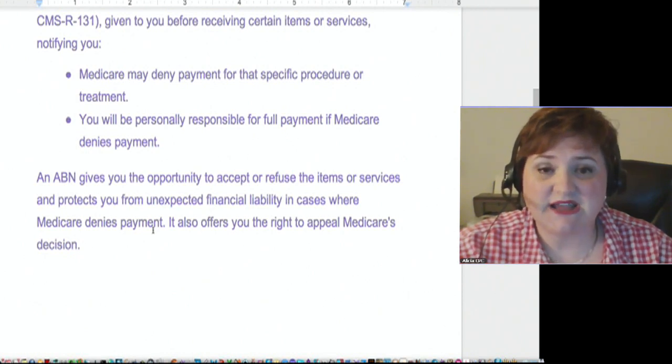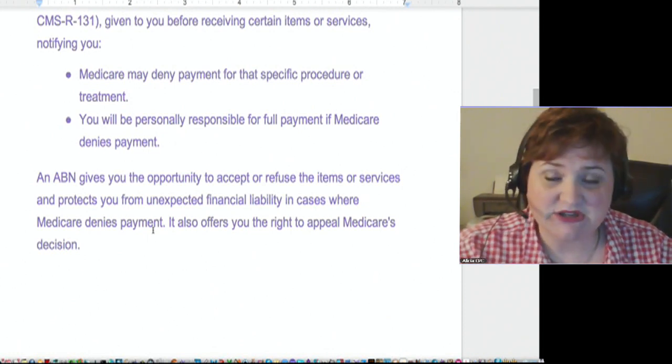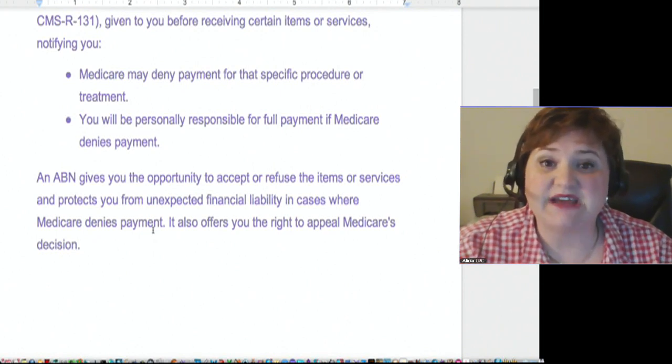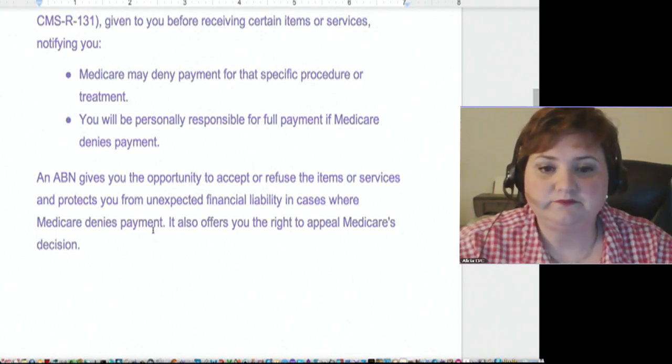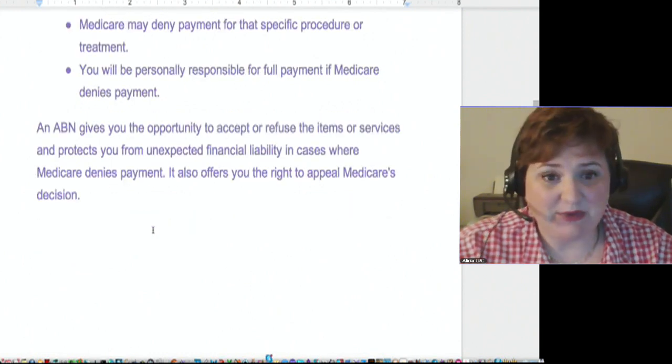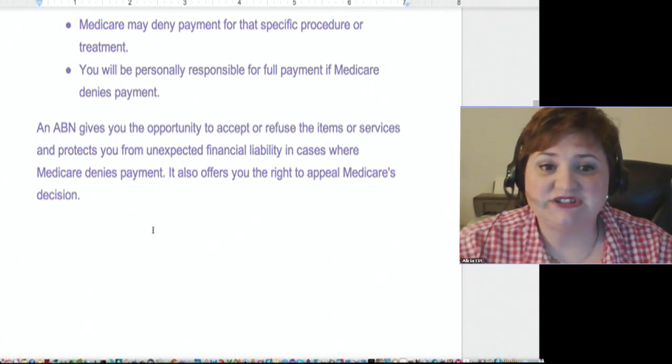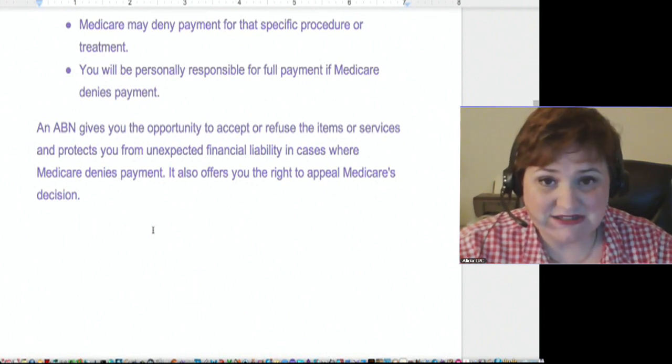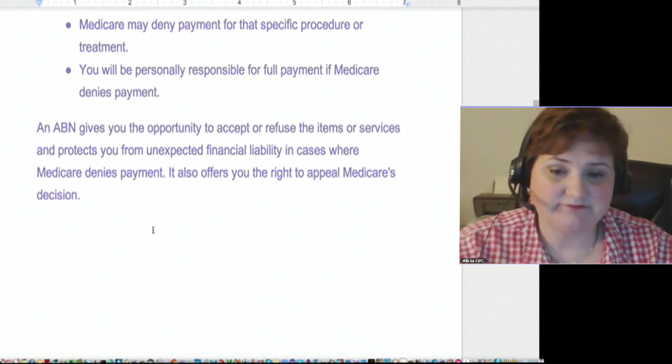But let the doctor know that you're not going to sign, because he needs to be aware there was a reason why he wanted this treatment or procedure done, and you may want to talk to him about that. Now, just because you sign the ABN doesn't mean that Medicare is not going to pay for it. It just means that they may not pay for it, and they want you to know in advance.